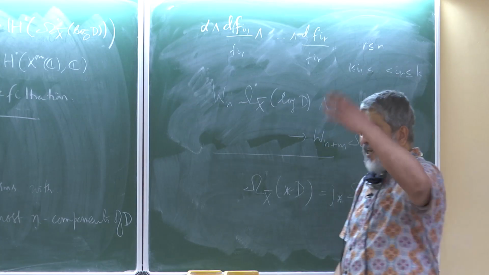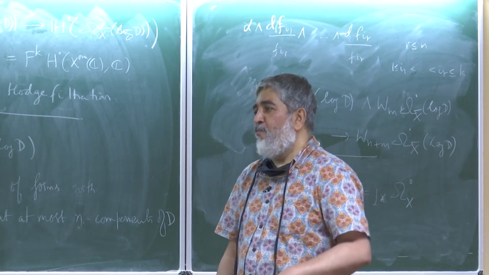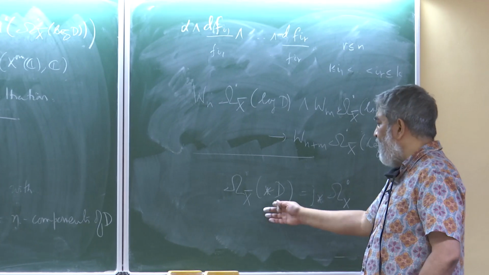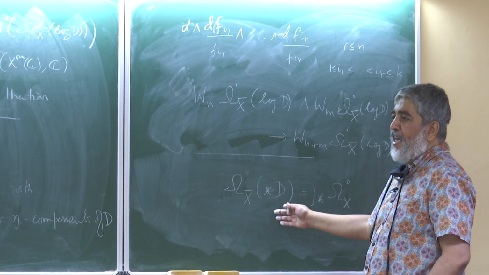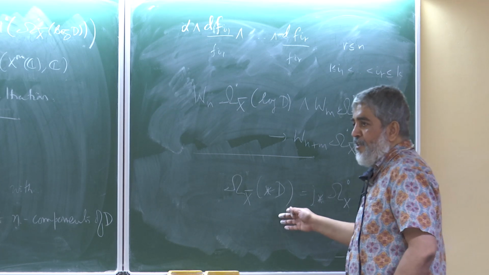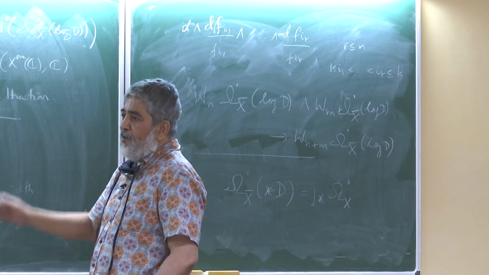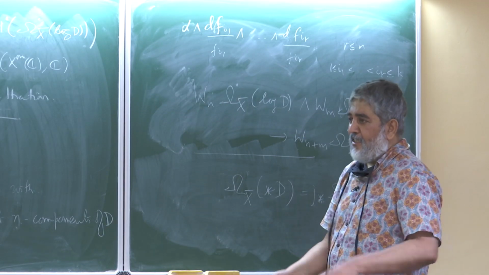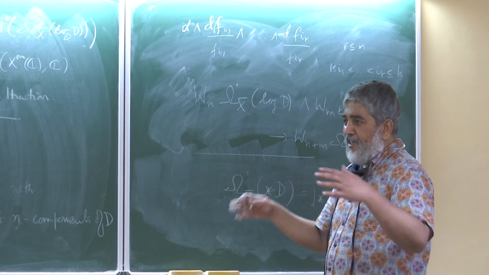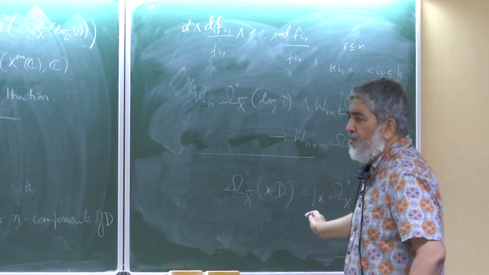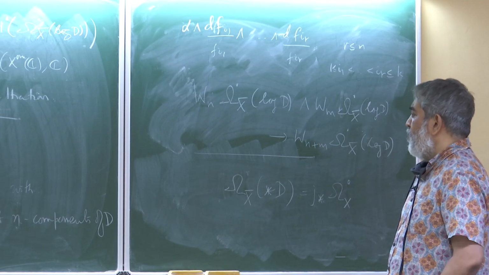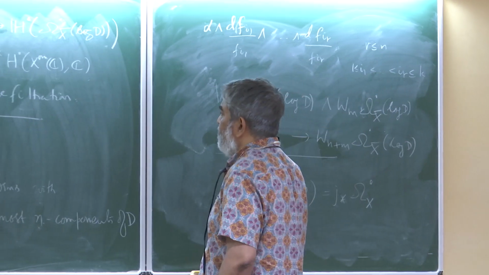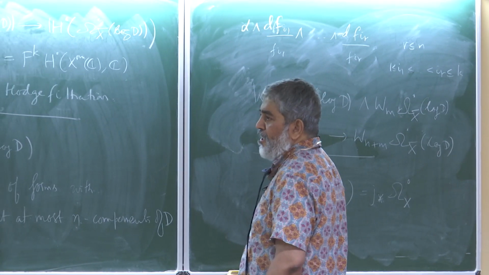I mean, you blow up, you'll get more divisors, you'll allow poles on those more divisors of whatever order, it doesn't matter. So if I define everything directly in terms of this, there's no ambiguity that it is independent of the completion. Or you can do it as Srinivas said yesterday, you can take two completions and dominate them, and so on. It amounts to the same thing ultimately. So one can define the weight filtration and the Hodge filtration in terms of this, which is done in Deligne's paper.